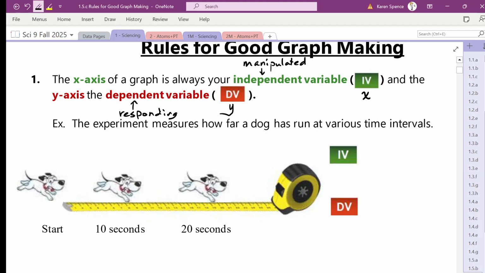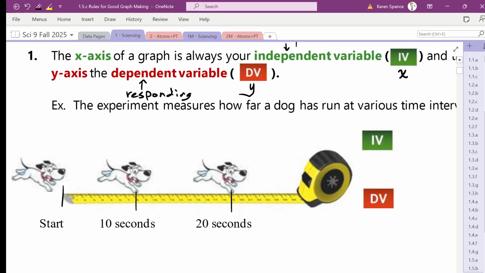So they would see how far he went after 10 seconds, how far after 20 seconds, etc. What in this case is the independent variable, and what is the dependent variable? Have a chat with your neighbor about that.